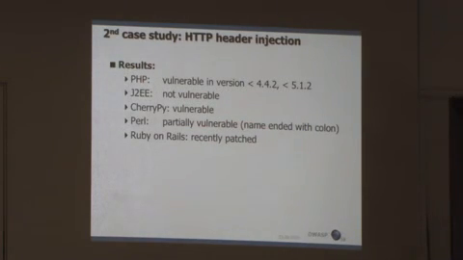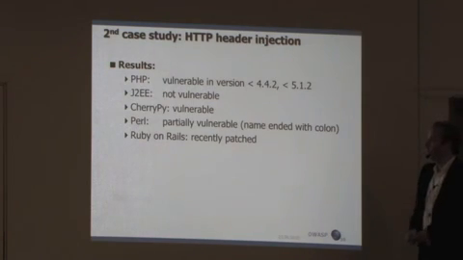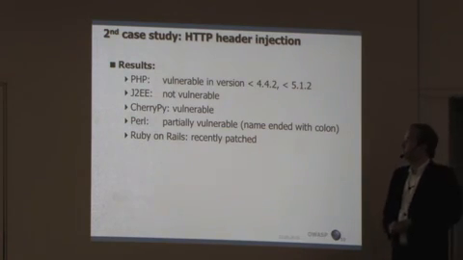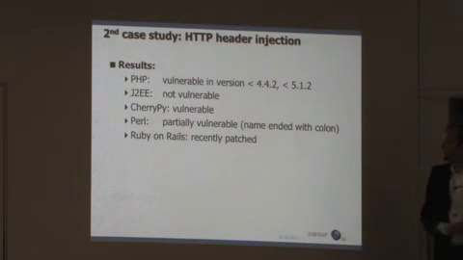So the results of the second case study yield that header injection was possible with PHP until version 4.4.2 or 5.1.2. It has been fixed. The fix actually looks the following way. You now have to send one header in one set header command.